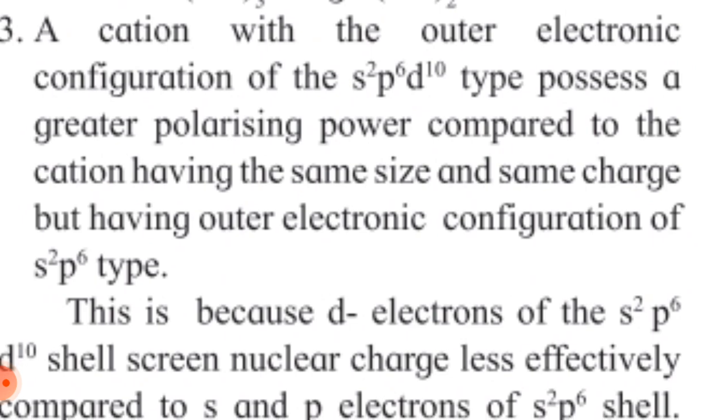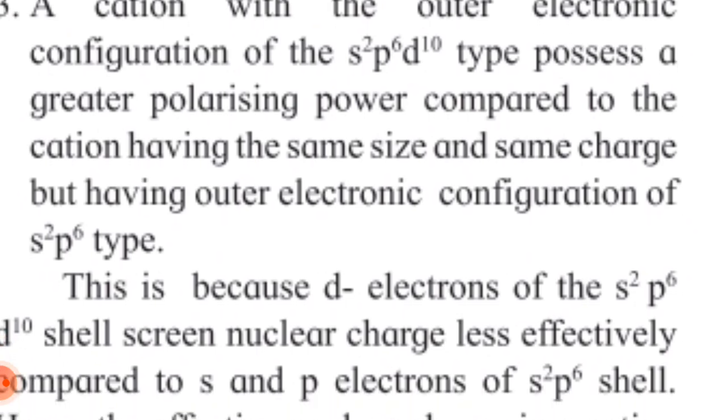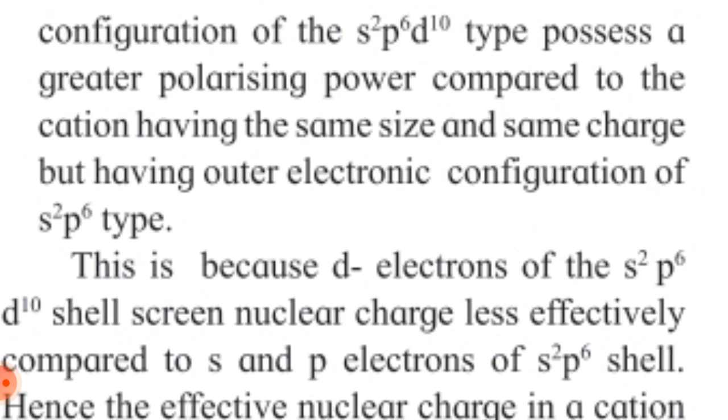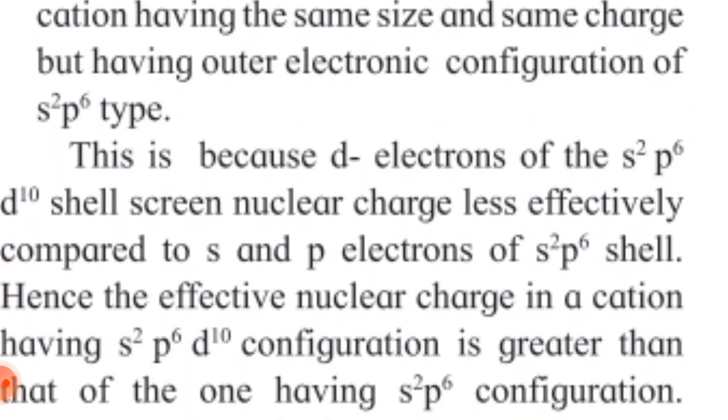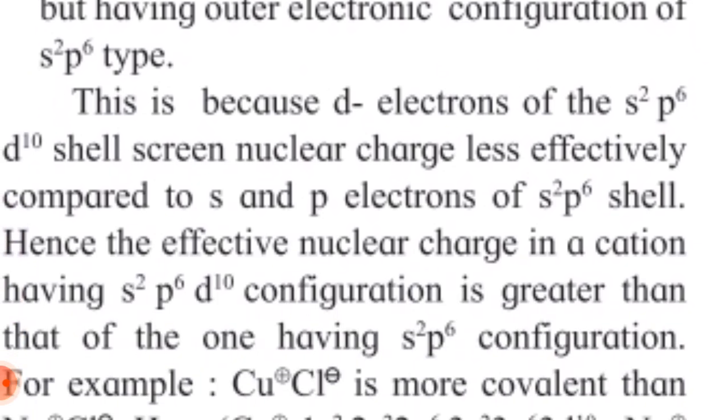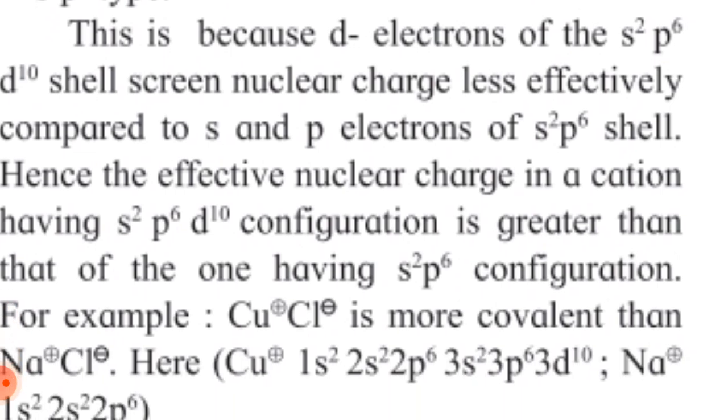A cation with the outer electronic configuration of s2p6d10 type possesses a greater polarizing power compared to a cation having the same size and same charge but having outer electronic configuration of s2p6 type.